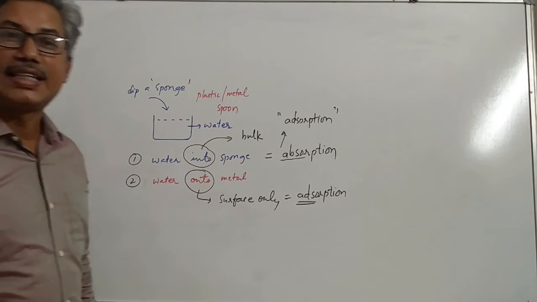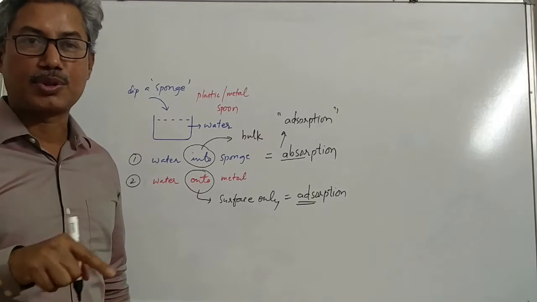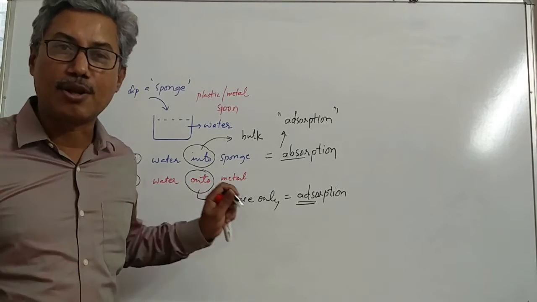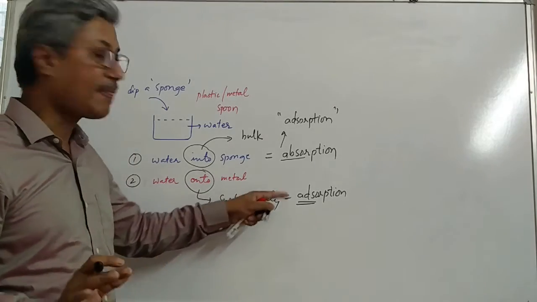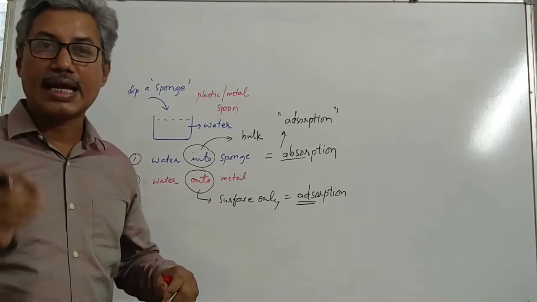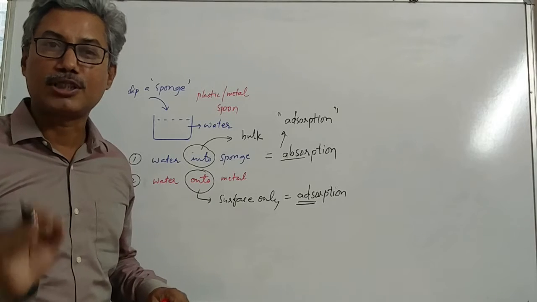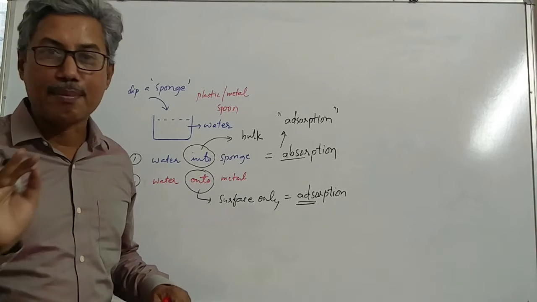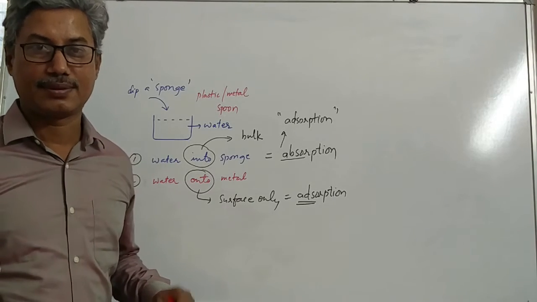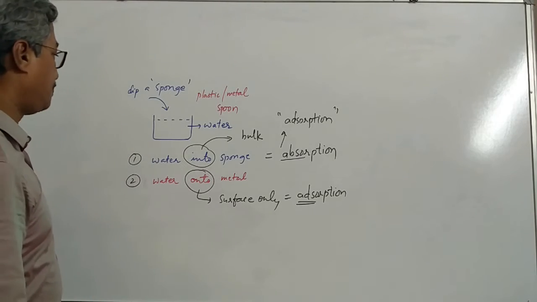That means without adsorption, absorption will not occur, whereas without absorption, adsorption can occur. That means adsorption is possible alone, whereas absorption alone is not possible. Is that clear, students?